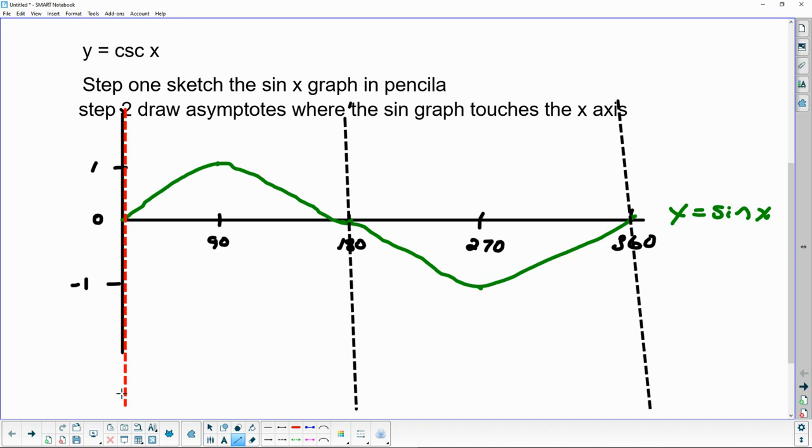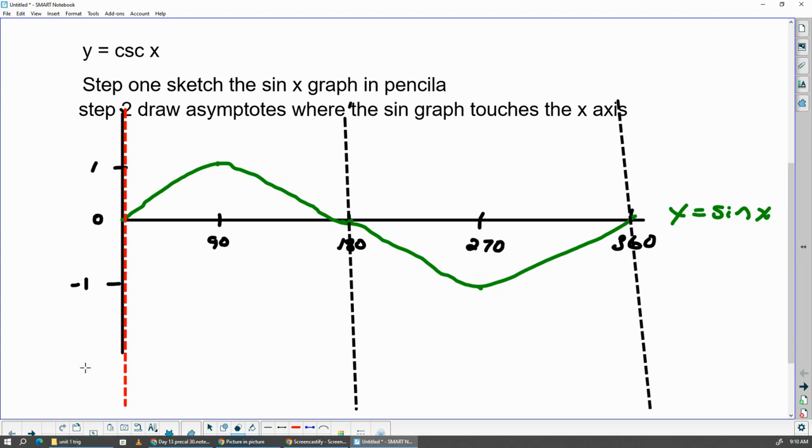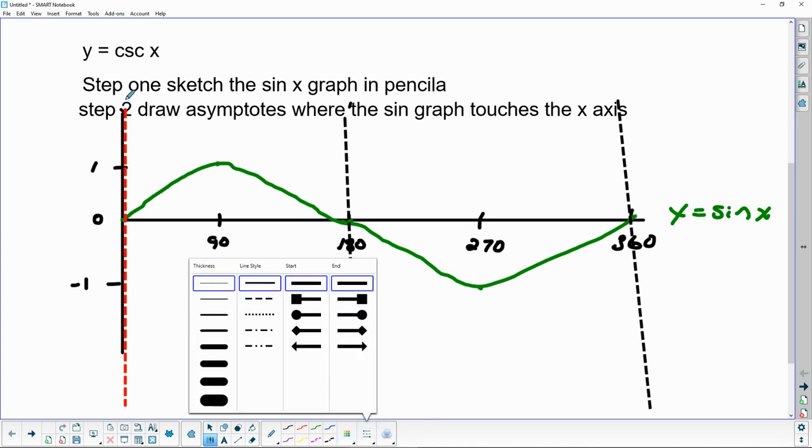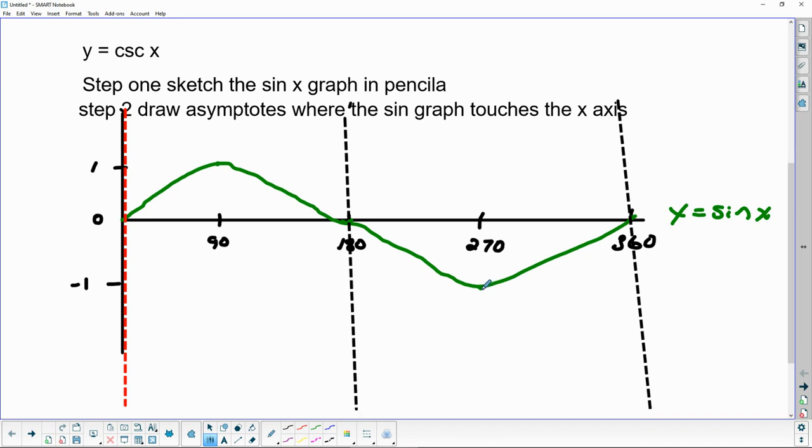And then the final thing, all we do now to get the cosecant graph is draw a U on top of a hill. Wherever there's a hill, you draw a U. So step 3, we'll use blue for that. Draw a U on a hill: just barely touch the max, and then go towards the asymptote and draw a U. This one's upside down, this one's upright.